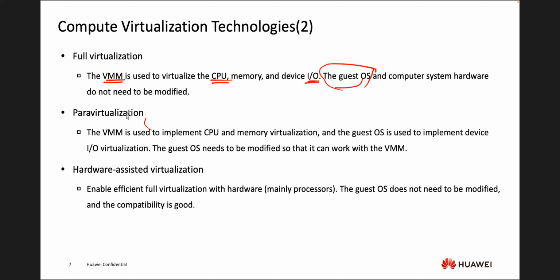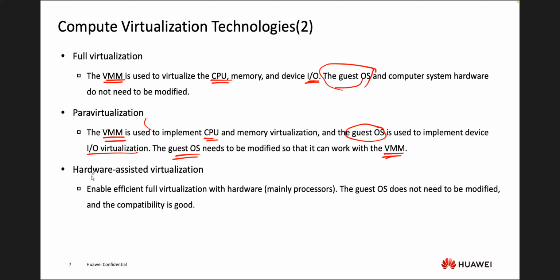And then the para virtualization is we have the virtual machine monitor that implements the CPU and the memory virtualization, and then there's also guest OS to implement the input output. So it sits obviously in the middle, but the guest OS always needs to be modified so it can work with the virtual machine monitor. So there is this interaction that still needs to be modified because it's too high on the compute side.